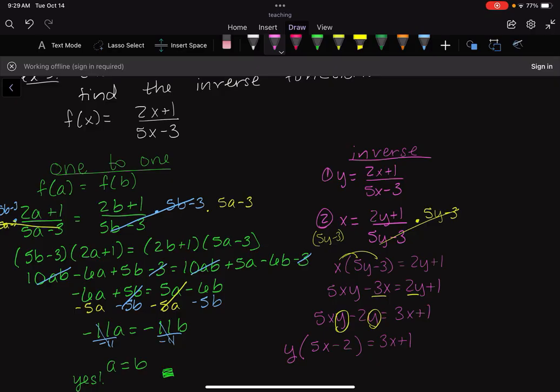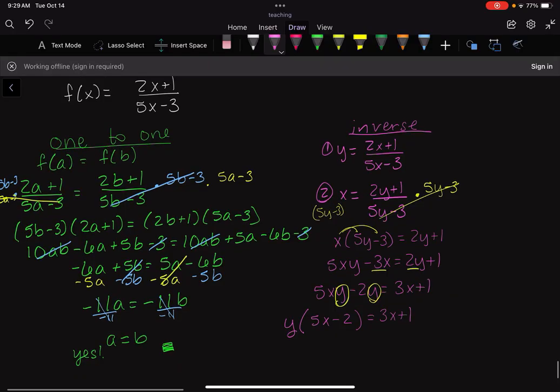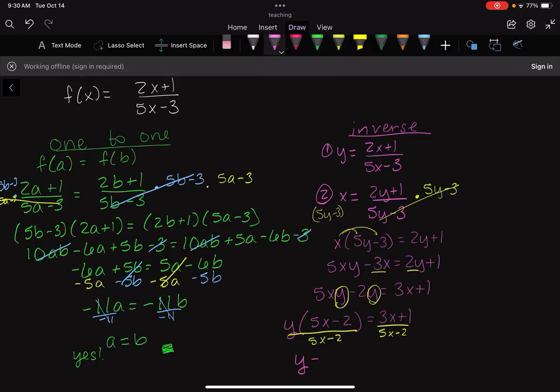So this is going to give me 5xy minus 2y equals 3x plus 1. So I basically just swapped these two. Now, on the side with my y's, I can factor out a y since it's a greatest common factor on that side. So if I do that, I get y times 5x minus 2 equals 3x plus 1. And my last step here, now this is great because we just brought it from having multiple y's to now we have one y. So I can divide by 5x minus 2. So I get y equals 3x plus 1 over 5x minus 2.